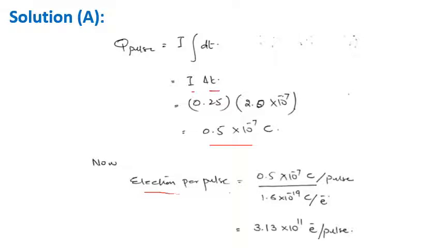Now electrons delivered per pulse is given as 0.5 into 10 to the power minus 7 coulombs per pulse divided by 1.6 into 10 to the power minus 19 coulombs per electron. By dividing this I get 3.13 into 10 to the power 11 electrons per pulse.